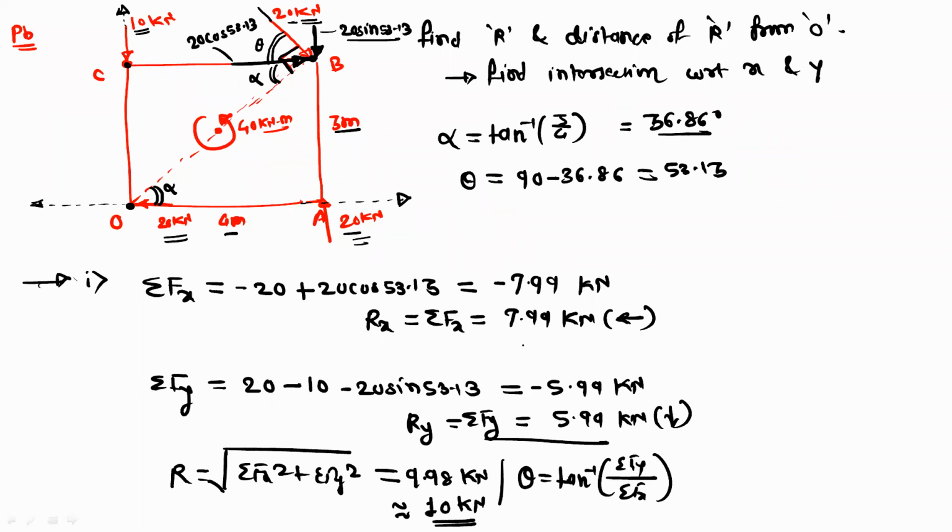Summation Fx is in the negative x direction and summation Fy is in the negative y direction, so the resultant is acting in the third quadrant.